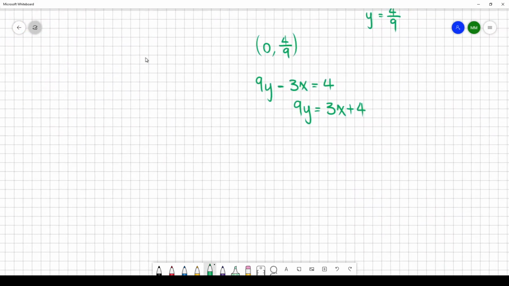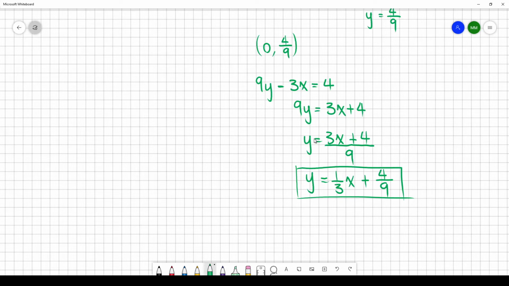So you want to divide by 9 on both sides. So y, 3 divided by 9 is 1 over 3, so 1 over 3 times x plus 4 over 9. That is the equation in y-intercept form.